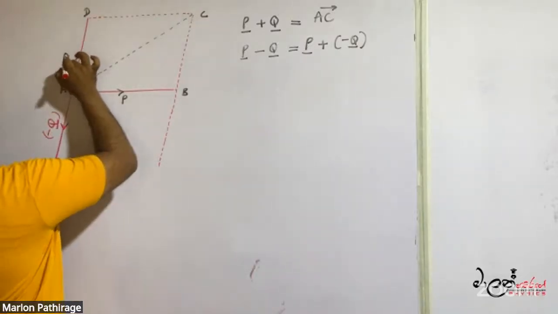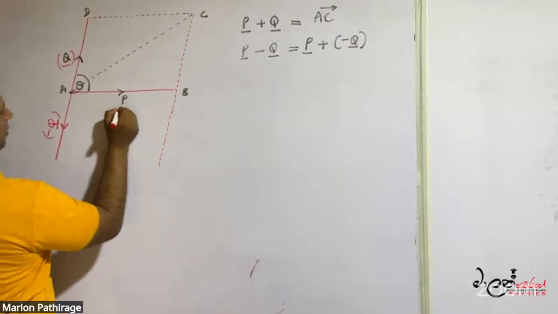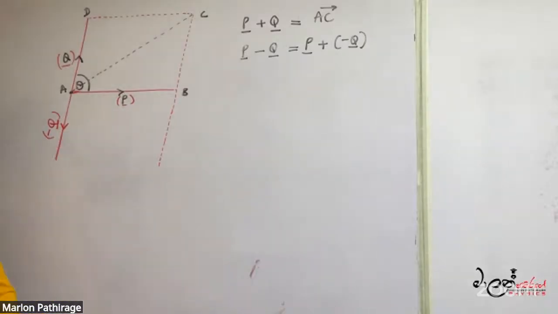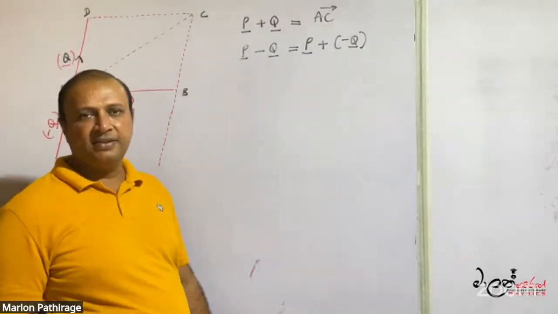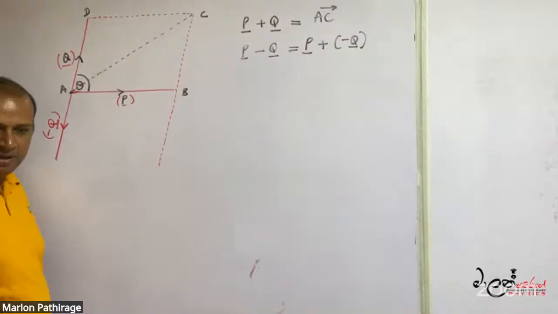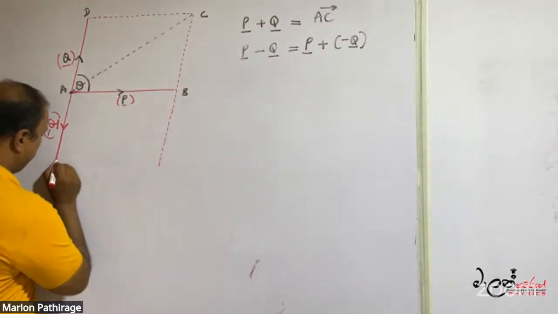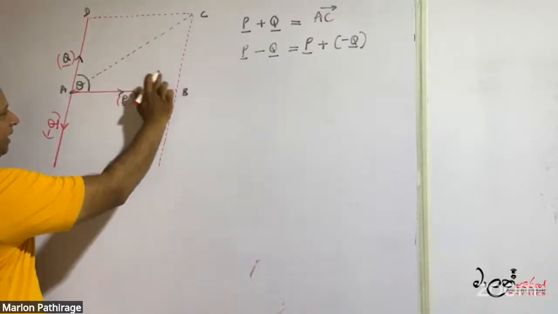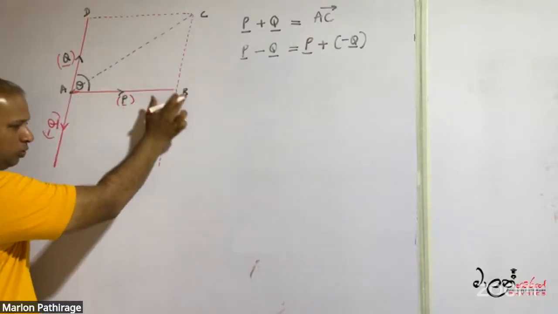Make a Q vector. Make a P vector. This one is negative P. Now, how to determine the negative P plus Q? Now I can apply the vector parallelogram law to this parallelogram.